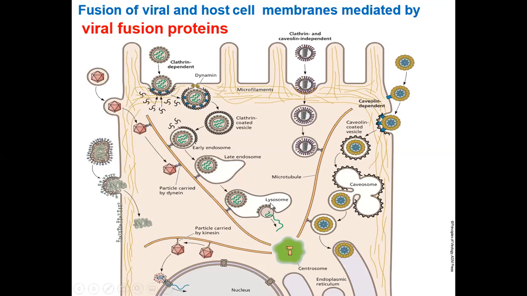It can then perform its replication, transcription or translation activities, whatever is needed. Okay. So there are caveolin-dependent vesicles and clathrin-coated vesicles, and sometimes, like the flu virus, they don't need clathrin or caveolin. They just go inside through the fusion of their own membranes.